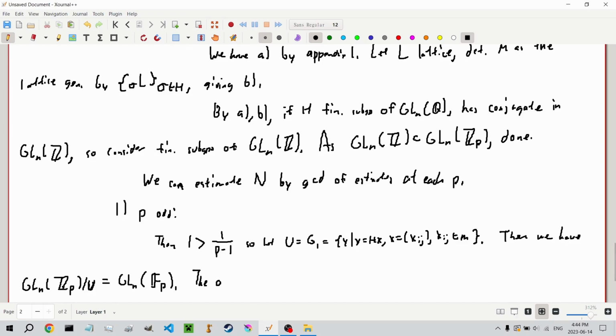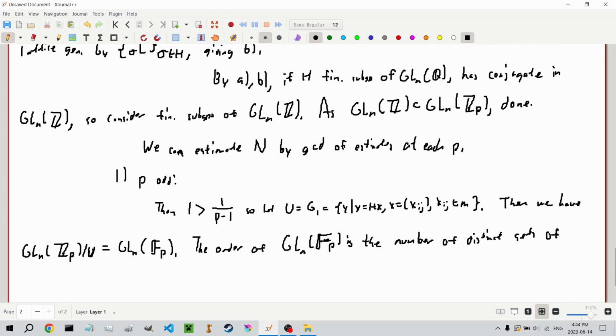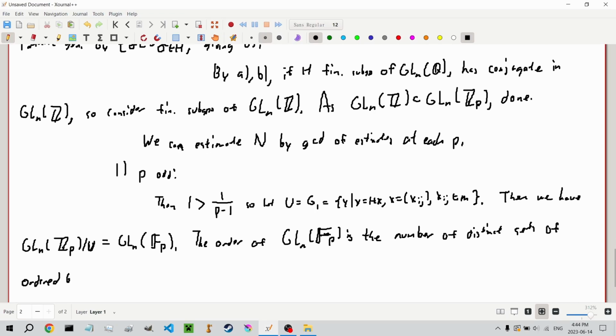Then the order of GLn(Fp) is the number of distinct sets of ordered bases in Fp to the n, which is the product of p to the n minus p to the i, from i being 0 to n minus 1.